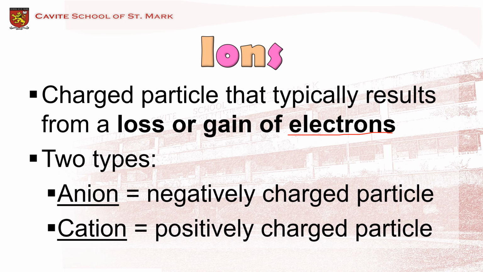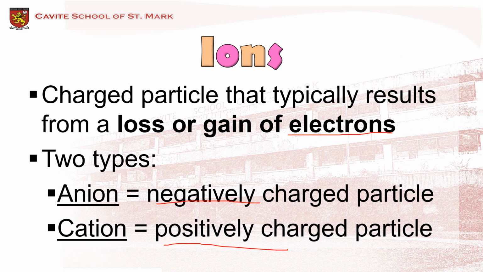So we have two types of ions. We have anions and we have cations. Anions are negatively charged ions, or negatively charged particles, while cations are positively charged.